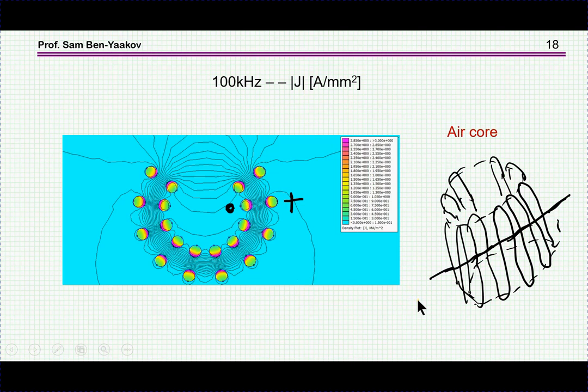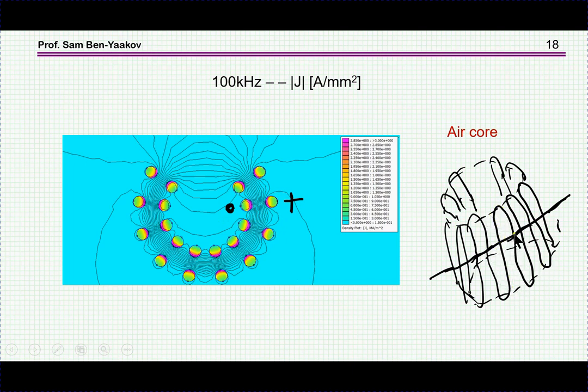So let's first look at the case of an air core. This is an air core, shaped a little bit like the toroid, but there is no core, that is, everything is air. Here for 100 kilohertz, we see the crowding of the charge carriers. This is the current going in, and here it will be current coming out, because this is like a turn, a long turn, so it's going here and back.